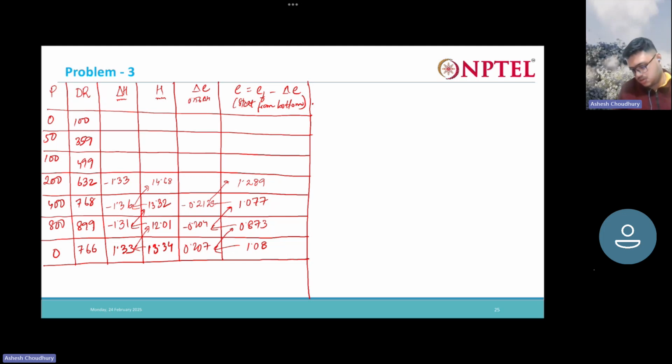So this one will be 14.68 plus 1.33, 16.01. And 1.33 times 0.156 will be minus 0.207, plus, 1.496.